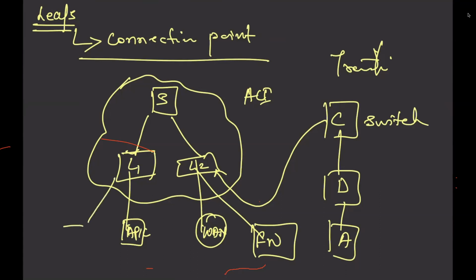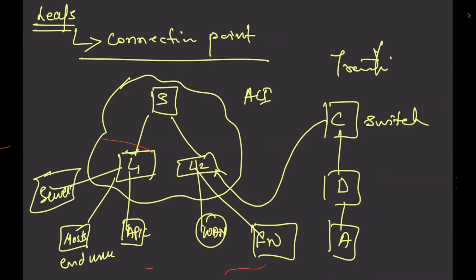Also your hosts or end users, your servers, everything. Basically, it is going to learn your MAC addresses, IP addresses, everything. Then VXLAN is going to run from leaf to leaf, which is going to encapsulate your traffic. And here, guys, VXLAN is automatically enabled.